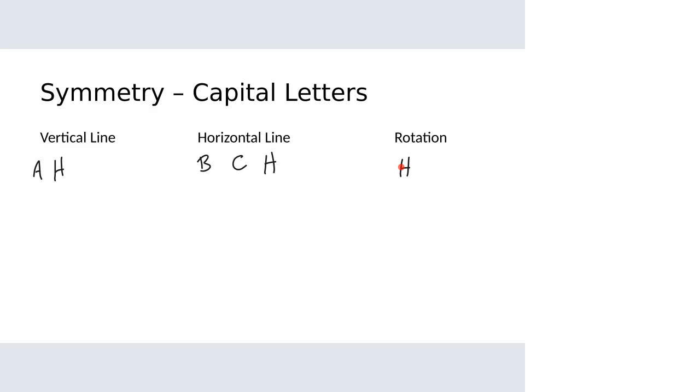Does anybody have any questions you want to ask about the symmetries we've talked about today, which is vertical line, horizontal line, rotation? Okay, very good.